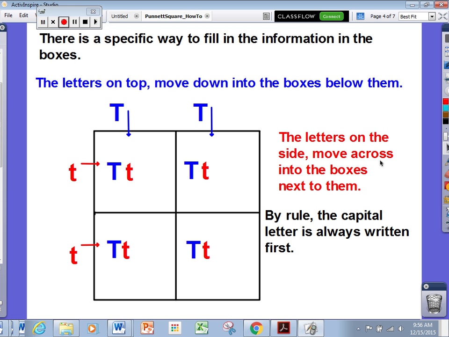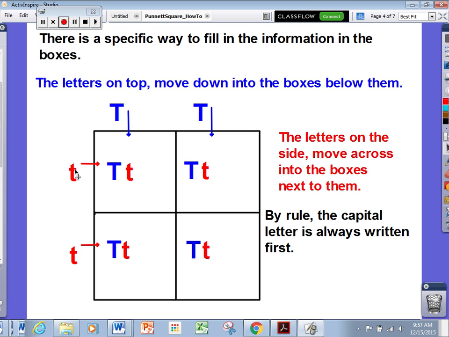There's a specific way you need to fill in the information in the boxes so that you have the right information, and I've color-coded these so we can see how the letters move. The letters above the boxes on top move down into the boxes below. So this big T moves down to here, and this big T moves down here and here.